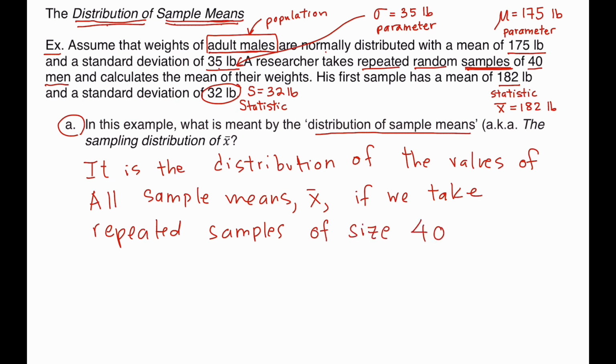So if this researcher could take every single possible sample of 40 males in the population, calculate all those sample means, and look at the distribution of all of them, that would be the sampling distribution of X bar, or another name is the distribution of sample means.